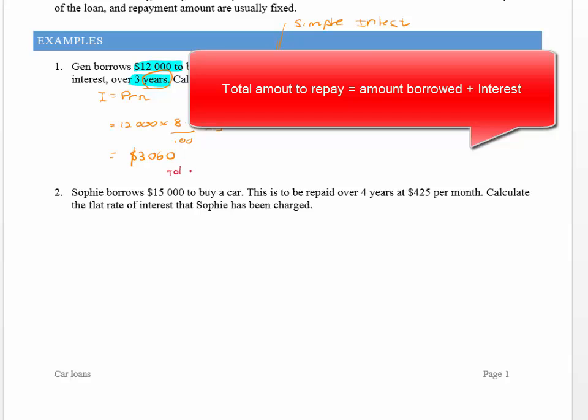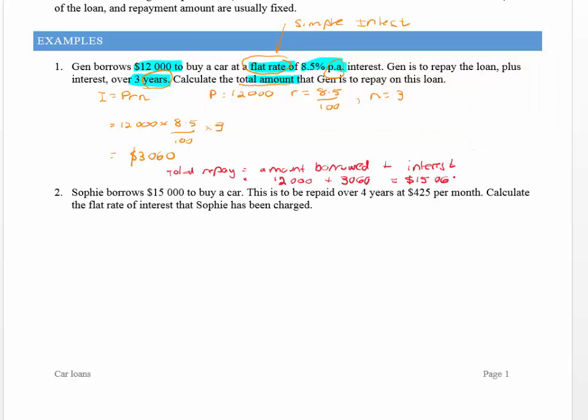So the total to repay has to be the amount you borrowed, plus interest. So the amount we borrowed was $12,000 to buy the car, and the amount of interest was $3,060. So all up, what you owe this financial company is $15,060. And that's that. So let's have a look at the next question then.